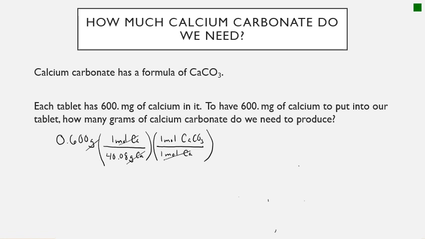Now I want to know how many grams of calcium carbonate. So we're going to go through the process of converting moles of calcium carbonate to grams of calcium carbonate. So here we go. 1 mole of calcium carbonate. I look on the periodic table, and I add up calcium and carbon and 3 oxygens, and I get 100.1 grams of calcium carbonate.